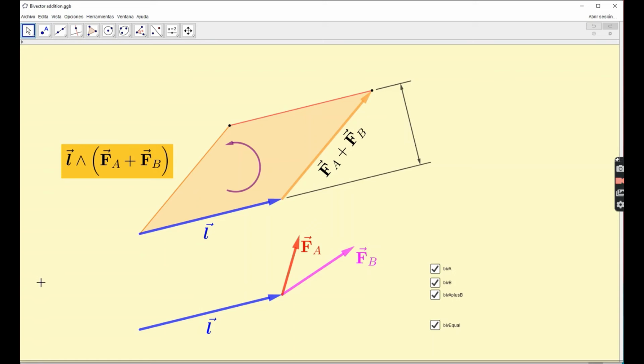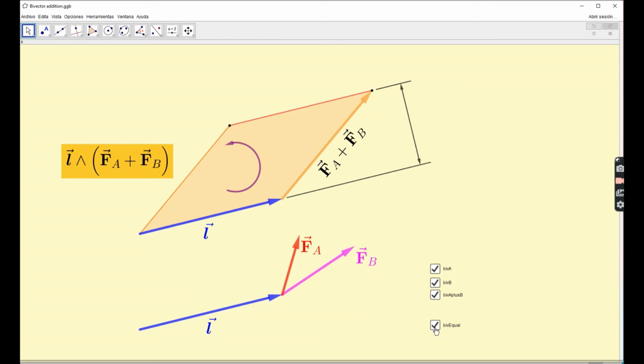So this makes sense. Physically, the torque produced by the combination of these two vectors FA and FB will be the same as would be produced by the vector sum of FA and FB.